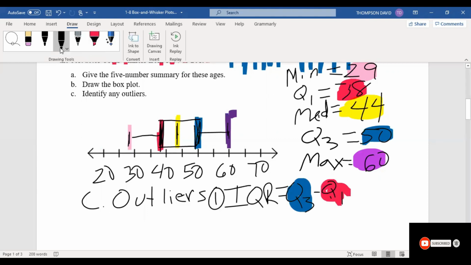So we'll subtract them. That is 50 minus 38 to give me 12.